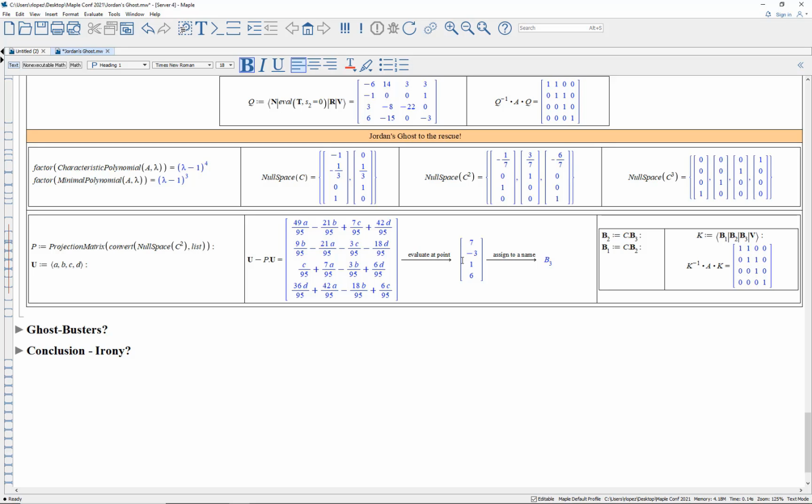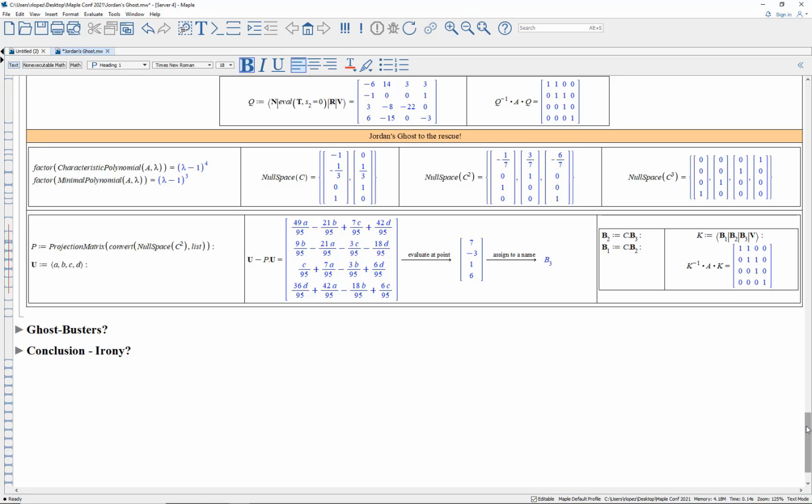That I distill down to vector B3, this one here. I'm going to jiggle these coefficients and come down the chain. C times B3 is B2, C times B2 is B1. Will they work? You make a matrix K. Is it a transition matrix to Jordan form? Yes, you can therefore solve the differential equation because you've got the appropriate vectors.